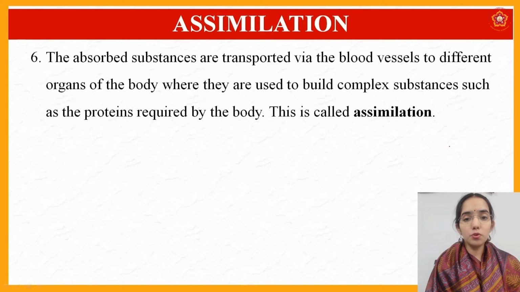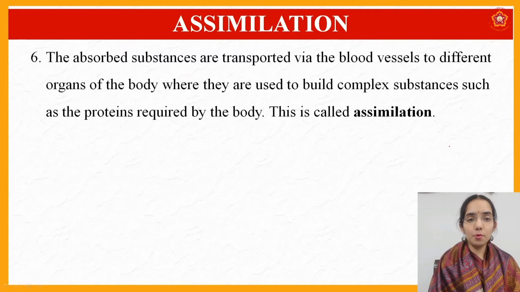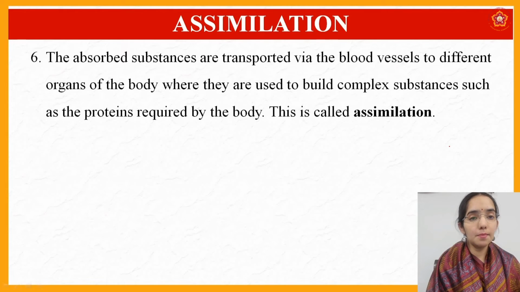Now the absorbed food substances are transported via blood vessels to different organs of the body, where they are used to build complex substances such as the proteins required by the body, and this is called assimilation. So what has happened? The food got digested, then the food was absorbed by the blood vessels in our small intestine, and villi helped in it by increasing the surface area.